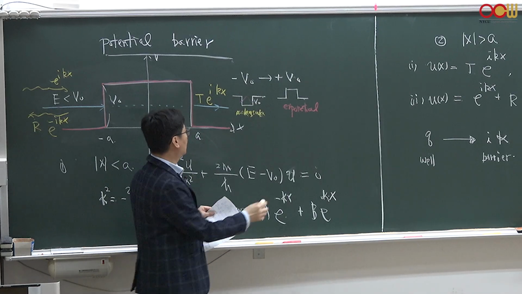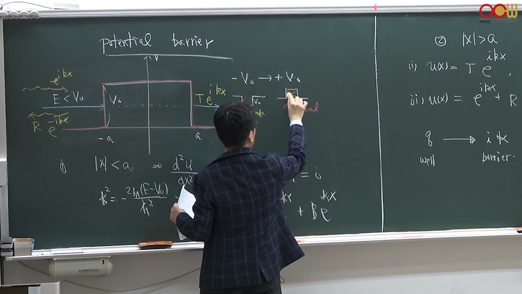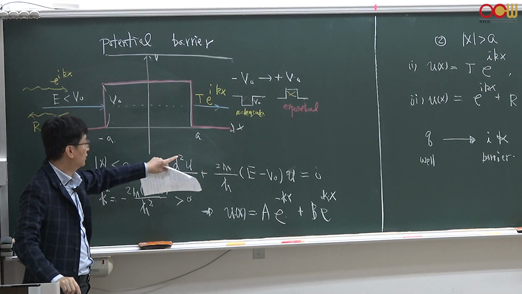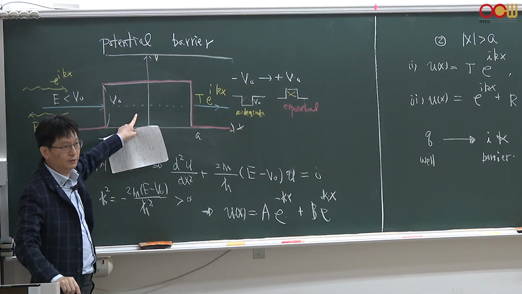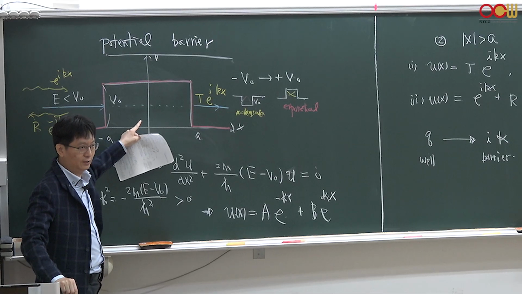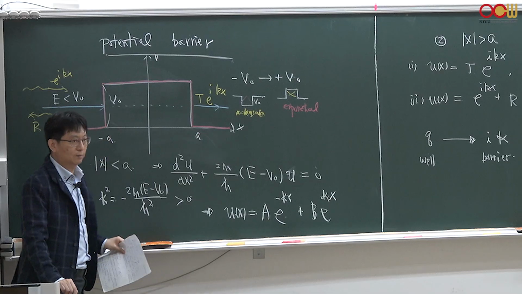And this makes a huge difference between the potential well and potential barrier problem, because we will see in a moment that when the particle is trapped inside the barrier, and you know that the particle needs to be inside the barrier in order to make sense of all this, the particle can penetrate through the barrier.